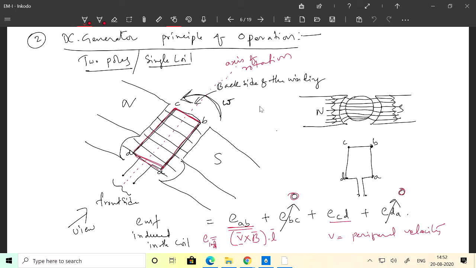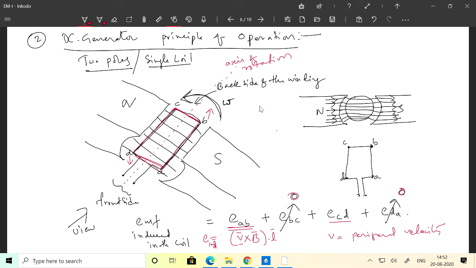If it is rotating in the anti-clockwise direction, the coil side CD is moving downwards and the coil side AB is moving upwards.